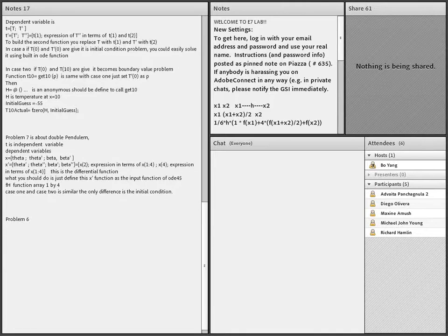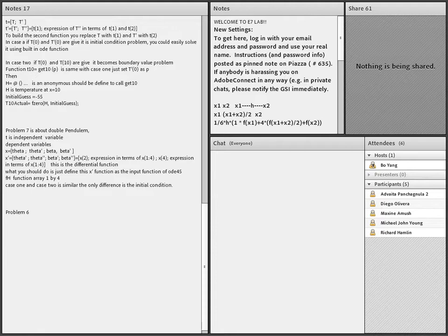Okay, after problem 7, let's go back to problem 6. Problem 6 is about cruise control.